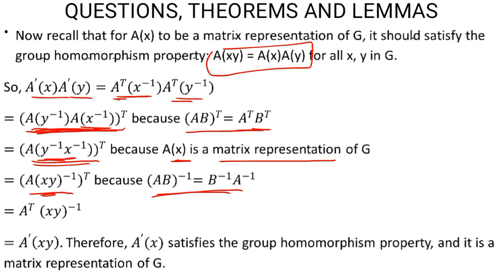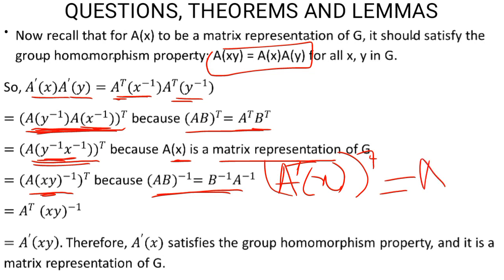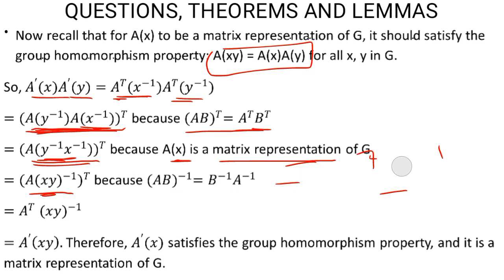Now, whenever we have AX with everything transposed over it, we know it's the same thing as the individual transpose, right? This is the same as saying A prime of X, right? So this last step is coming from the fact that I can write this transpose over all as what you see here, okay?